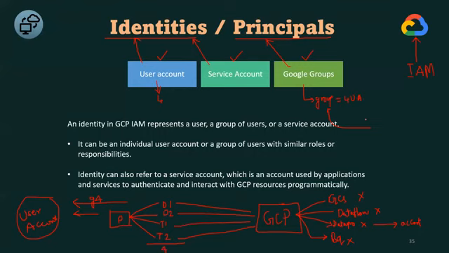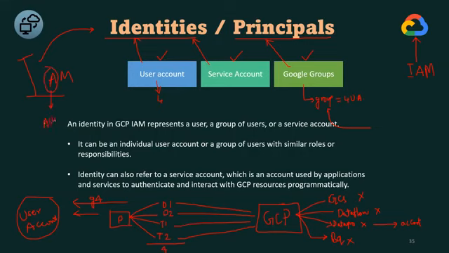So the user account is an identity, the service account is an identity or principal, and the Google group, or group of accounts, is also an identity or principal. In IAM, I means identities or principals. Identities we must understand, because the next thing is A. What is A? A means access.